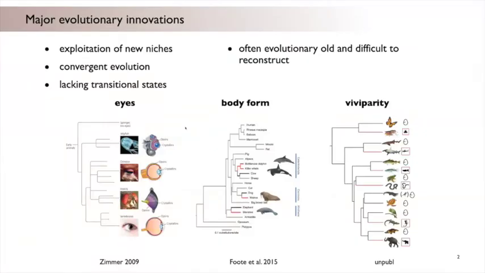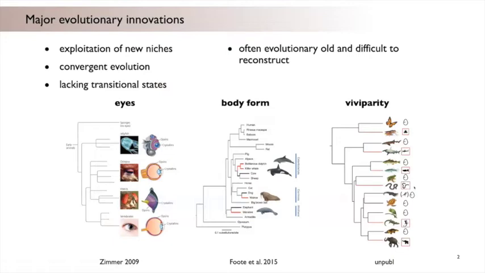Sorry about that. So yes, looking at major evolutionary innovations, one of these would be viviparity and the origins of live birth, which is something that has occurred across many, many different taxonomic lineages in a repeated evolutionary way.